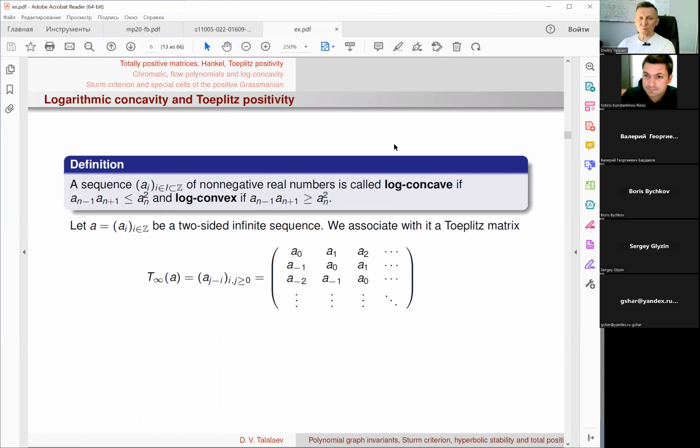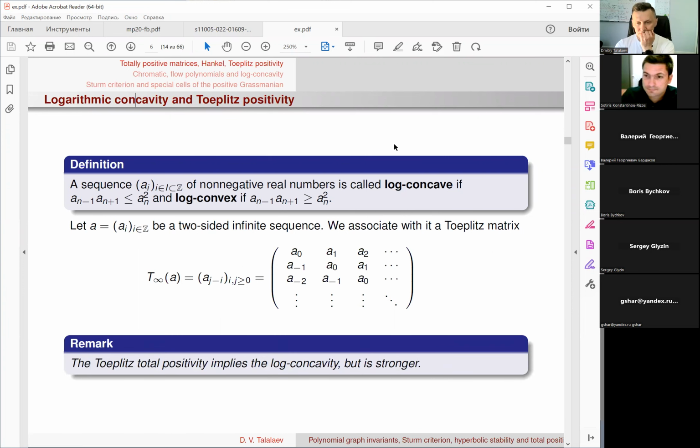With such a sequence, one could associate a Toeplitz matrix, which is constructed by this formula. And one can ask for which such sequences those Toeplitz matrices are totally positive. This property is stronger than log concavity, but log concavity is a consequence of Toeplitz positivity.